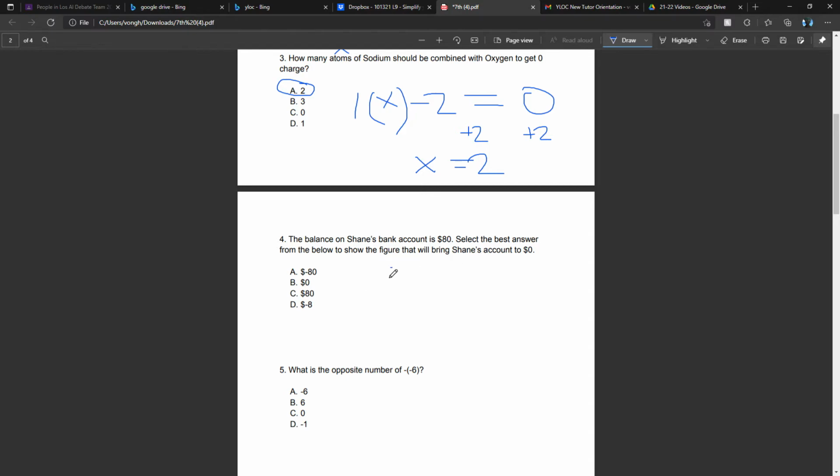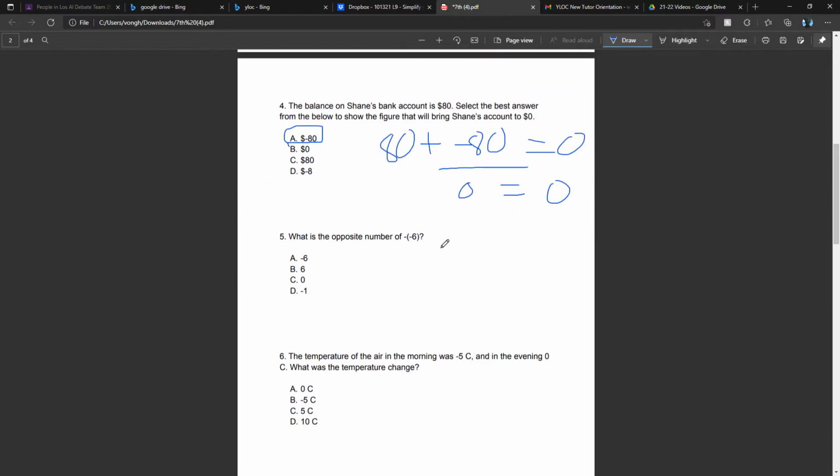So we have $80. It's going to be plus some value, and it's going to be equal to 0. And how do we get 80 to 0? You would just subtract 80, because 80 minus 80 is 0. And then if we look, the answer choice A fits our answer here, because it's -80.